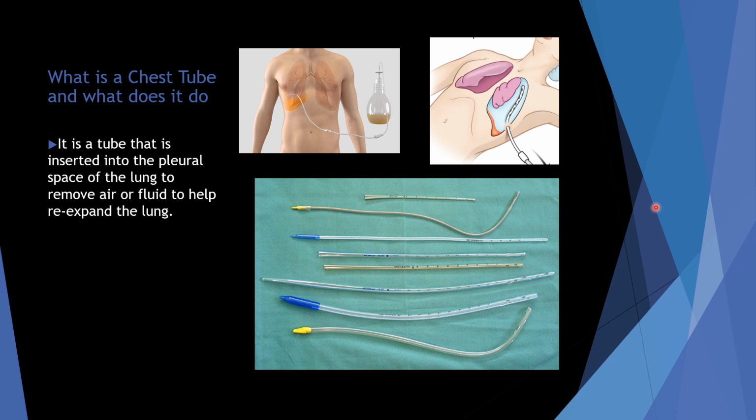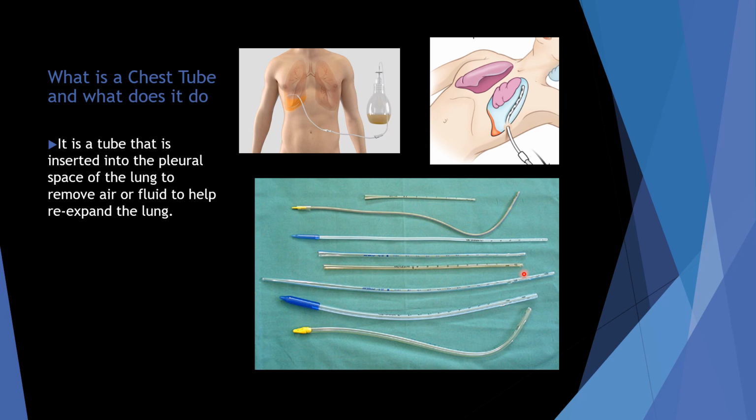What I included here is a picture of all these different chest tubes, and I want you to see that there are quite a variety of sizes, and by no means is this the only type of chest tube you're going to see. You've got these larger bores all the way down to smaller ones, and there are some even smaller than that. We've got them from adult all the way down to preemie or neonatal chest tubes.